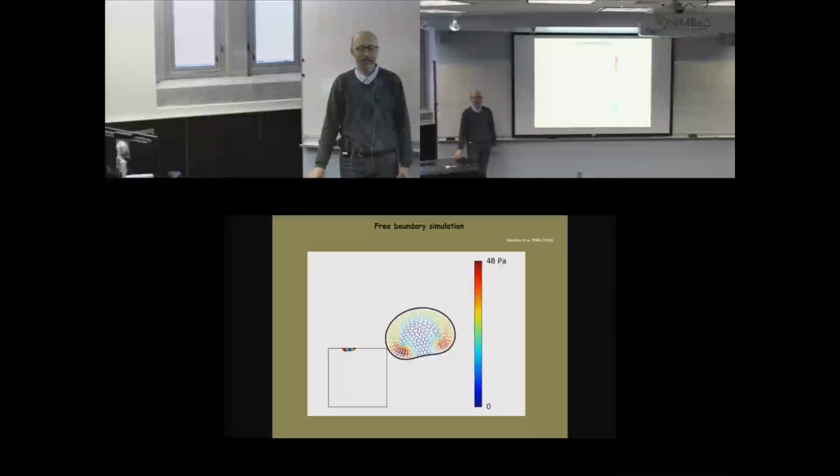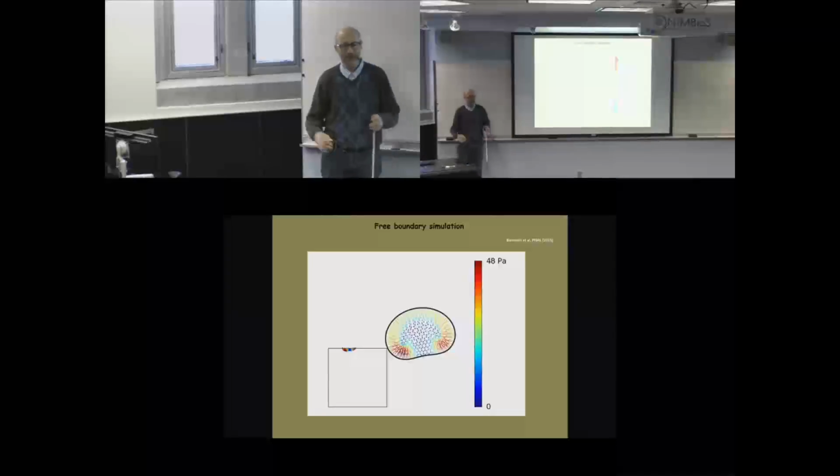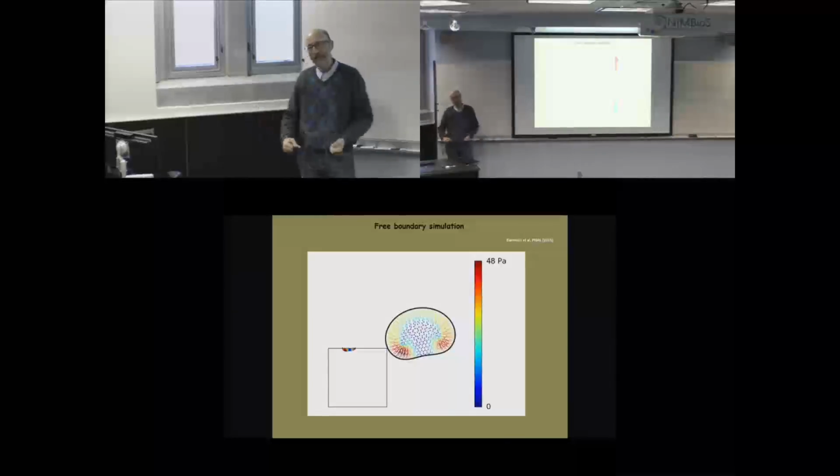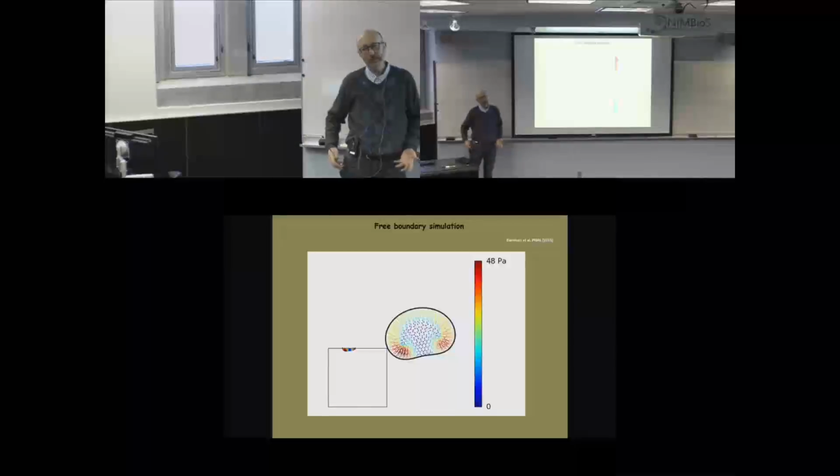And so one of the things which I have no doubt survives in 3D is this very simple paradigm: when the cell moves, myosin is swept to the rear, and it creates contraction at the rear, pulling the rear forward.